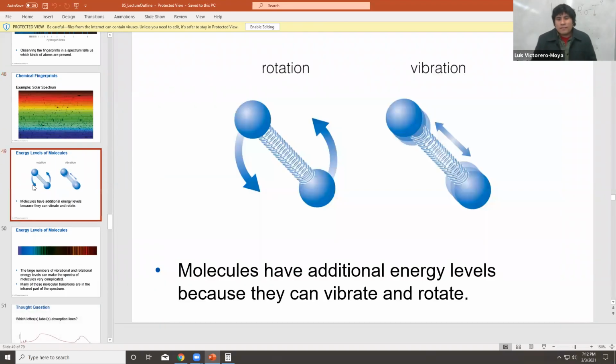So remember, guys, that molecules have other additional levels, because molecules also vibrate, as I explained with a solid. They have vibrations, and they also rotate, so they have rotational energy as well, some sort of angular momentum.